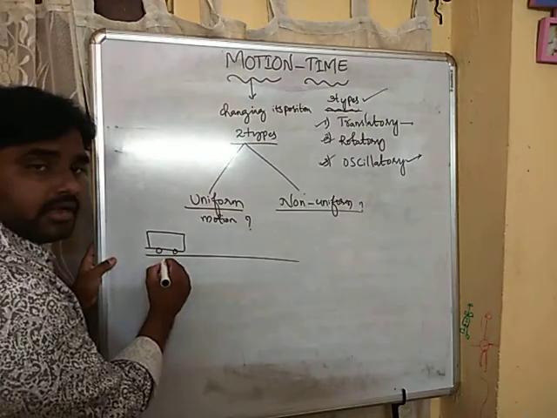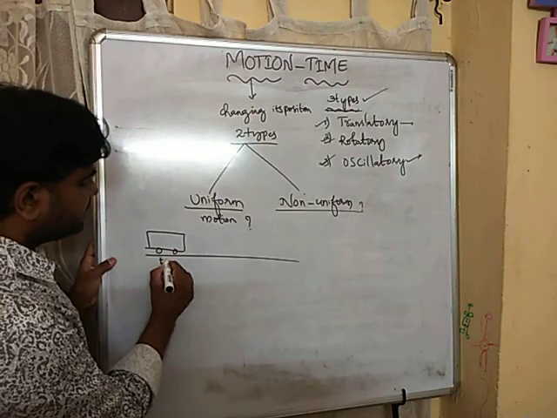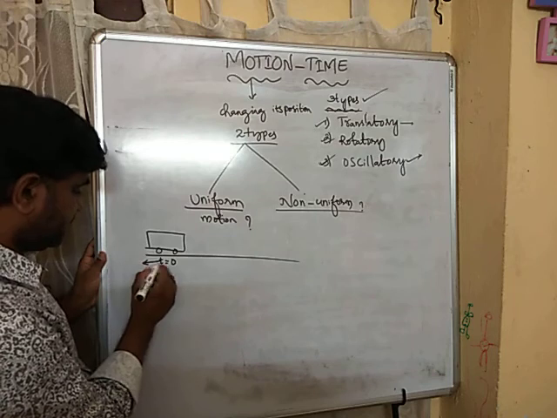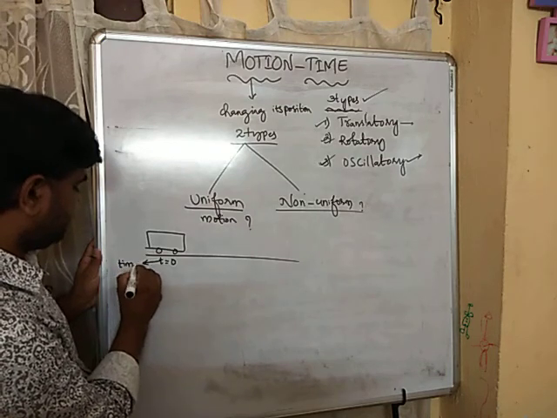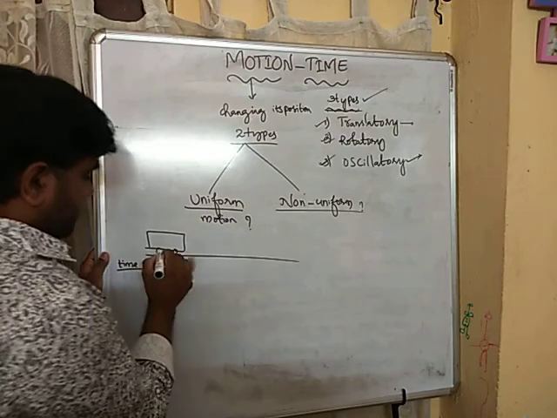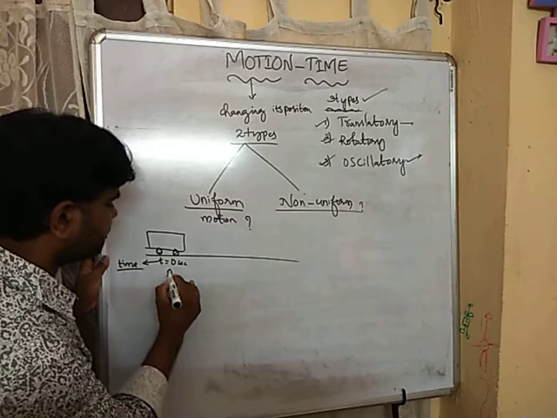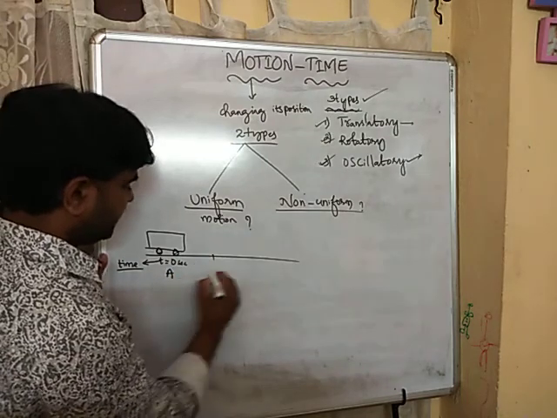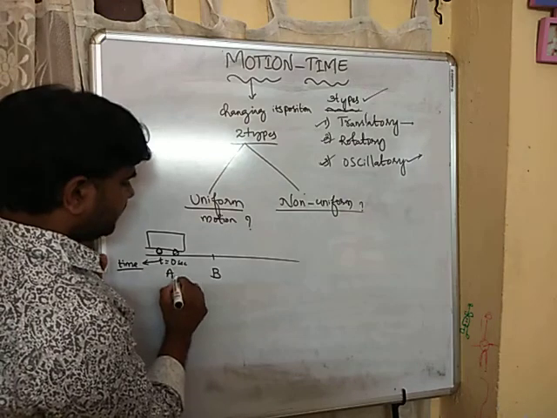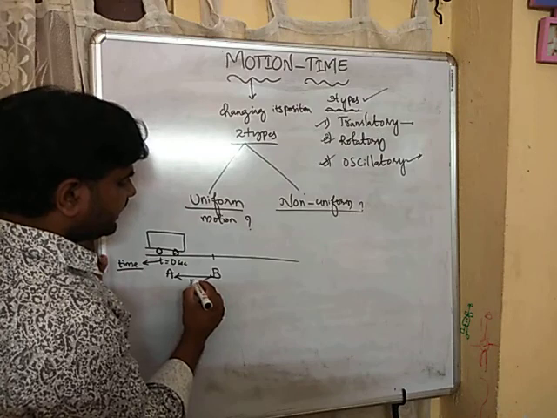Say at a distance, for example, t is equal to 0. T here stands for time at 0 seconds. Now it is moving from here, from position A, and it has reached position B. And it covered the distance of, say for example, 10 kilometers.